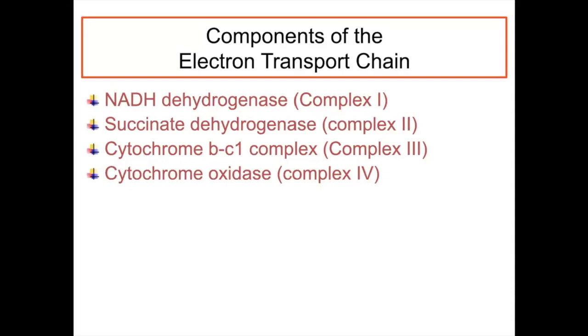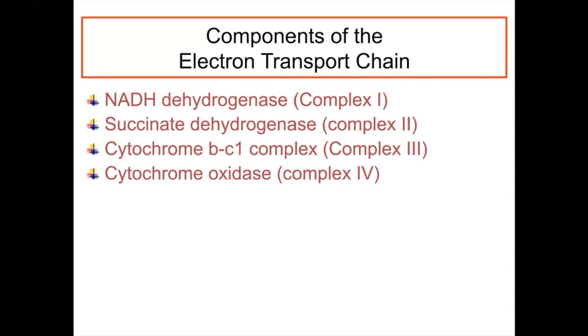Now, earlier we mentioned there are 4 organized complexes in the electron transport chain. Complex 1, 2, 3, and 4. It is mandatory for you to memorize each complex if you are heading to the exams. So please memorize complex 1.